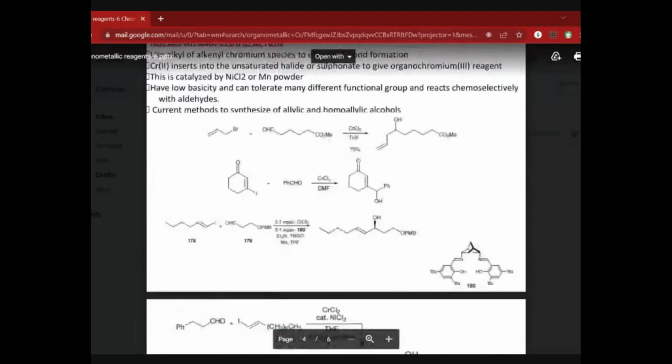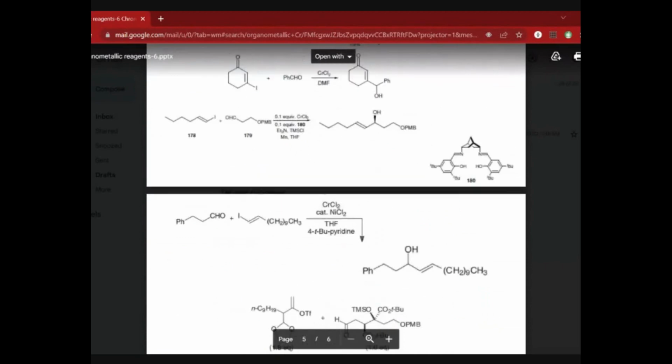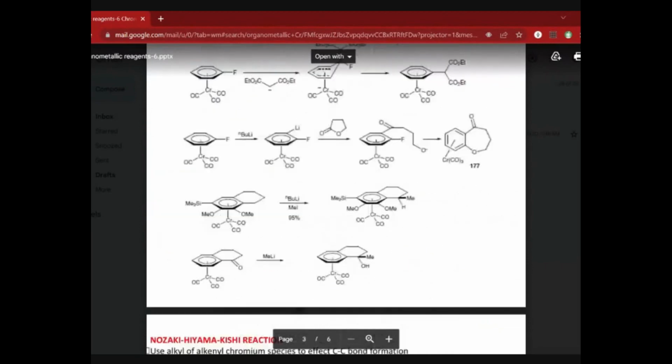I'll show you. This Dotz reaction, you would have studied, right? Fischer carbene. You would have studied these reactions.